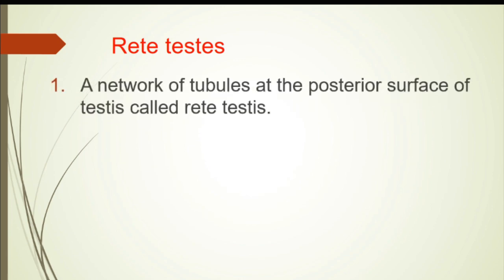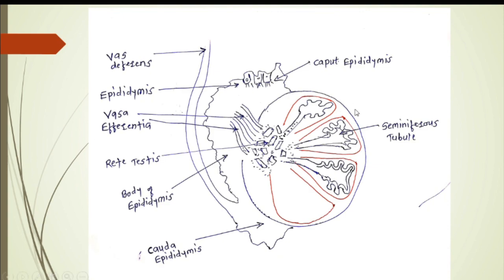So here we will talk about the rete testis. So what is the rete testis? As shown over here, the rete testis is the network of tubules at the posterior surface of the testis. In this figure you can see this is the whole testis, and this is the posterior surface of the testis.